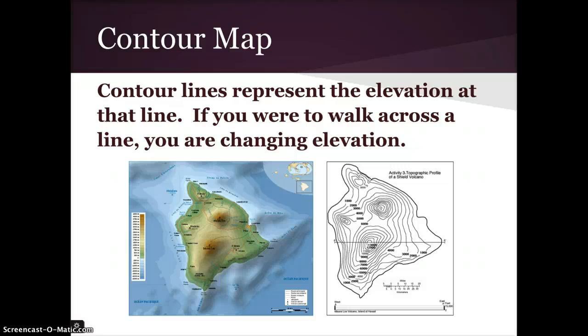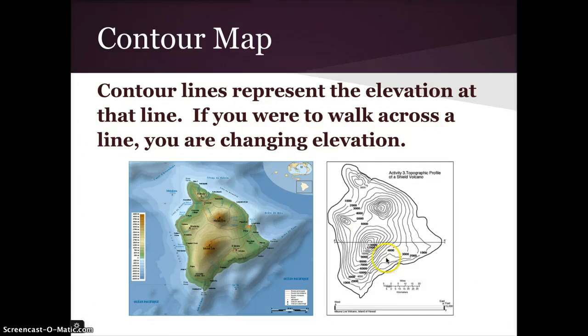I visited Phoenix this past summer, and we went from Phoenix over to Sedona, and we had to cross through the mountains. As we went up through the mountain pass, we were at about 4,500 feet above sea level, which is much higher than what we are here in Dallas.